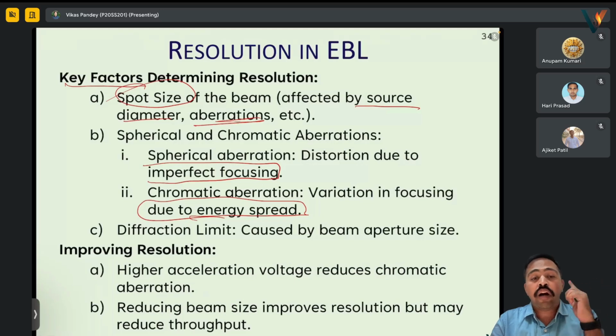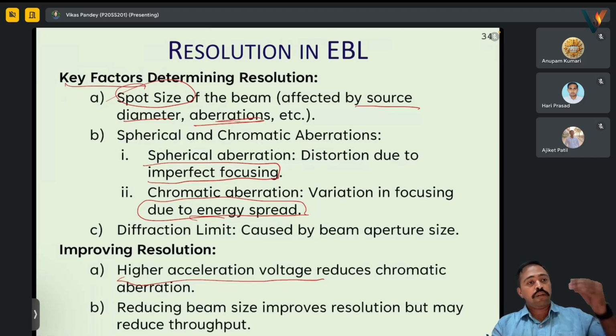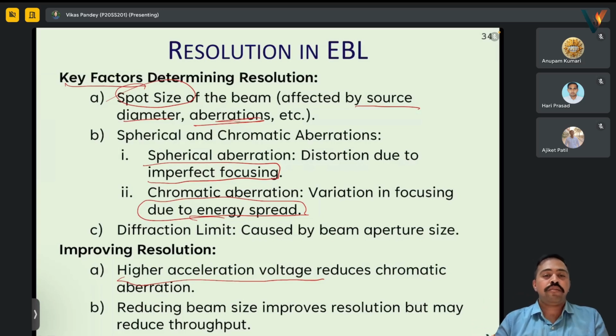How do we improve the resolution we are getting in EBL? We use a higher accelerating voltage, which reduces the chromatic aberration, because then the variation of energy will be less. All the electrons will get adequate power, to have almost similar energy levels.